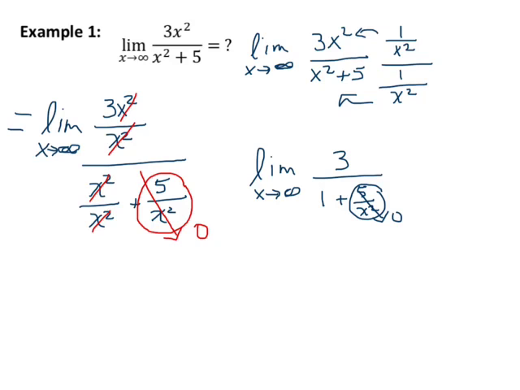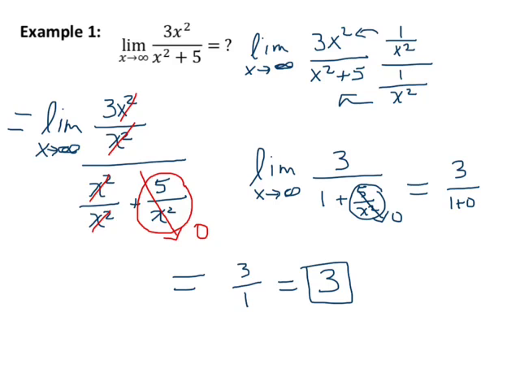We're left with the limit of a constant number, and the constant number happens to be 3 divided by 1 plus 0, which for all intents and purposes is just 3 over 1, which simplifies to 3. So the answer to this problem right here is 3.